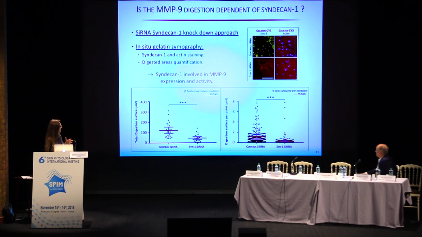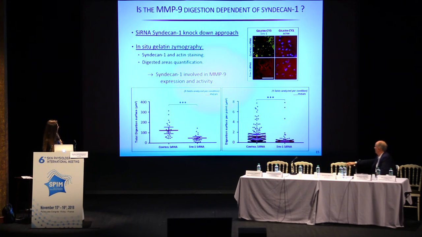Nevertheless, we observed several significant changes in our cultures of cells which are transfected with the specific Syndecan-1 siRNA, like the loss of the Syndecan-1 rings that confirmed the efficiency of our transfections, but also the decrease of the size of the actin dots.